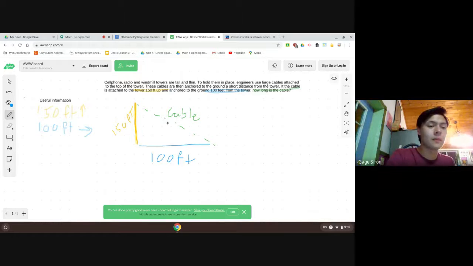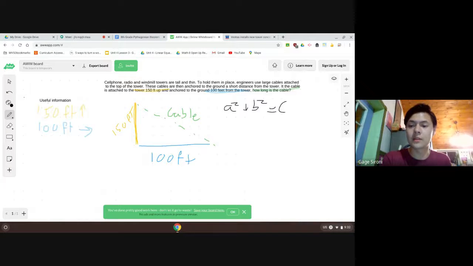Moving on, we're going to use our Pythagorean theorem, which is a squared plus b squared equals c squared. We're going to say our a is 150. So 150 squared plus b, which is going to be 100 squared, is going to equal c squared. 150 times 150 is 22,500.